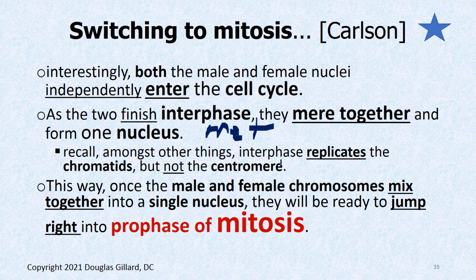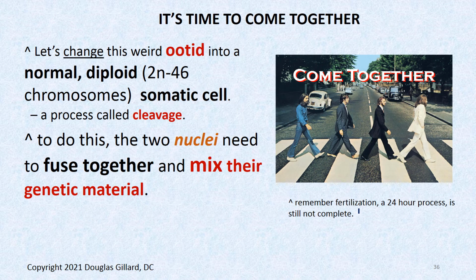On slide 34 now. So yeah, that's the story there. So coming together, and as I said, the fusion, they're going to mix their genetic material and become 46 chromosomes. We have already said that's the famous Beatles album there in slide 35.